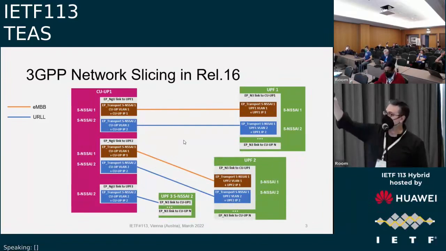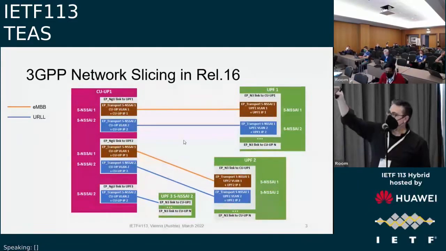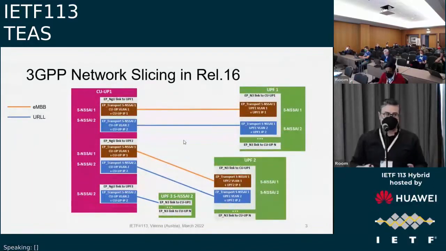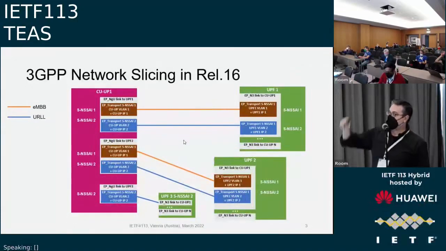In this case, we are performing a connection between a central unit user plane 1 with a UPF 1, and we could have different kinds of slices with different QoS requirements. One for enhanced mobile broadband, another one for URLLC. The way of distinguishing these slices is through the artifacts that you can see there.